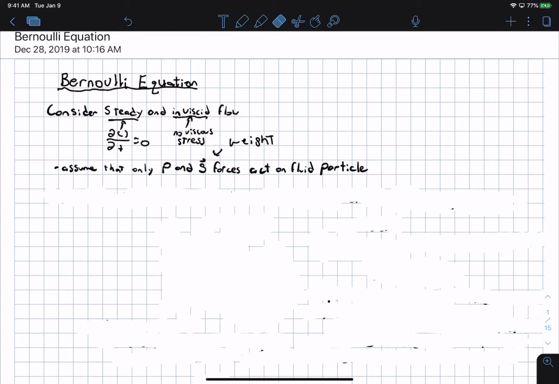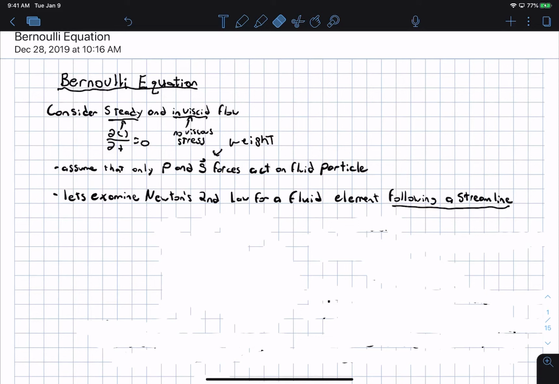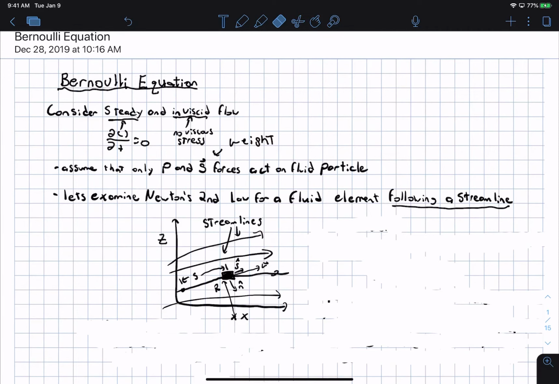Now to derive the Bernoulli equation, we are going to examine Newton's second law on a fluid element. I have a sketch here of a fluid element just moving along with the flow. We're going to derive an equation of motion for this particle that describes the forces as it moves along a streamline.